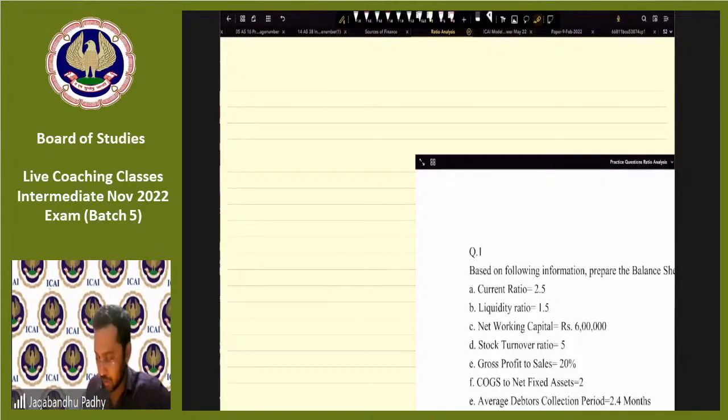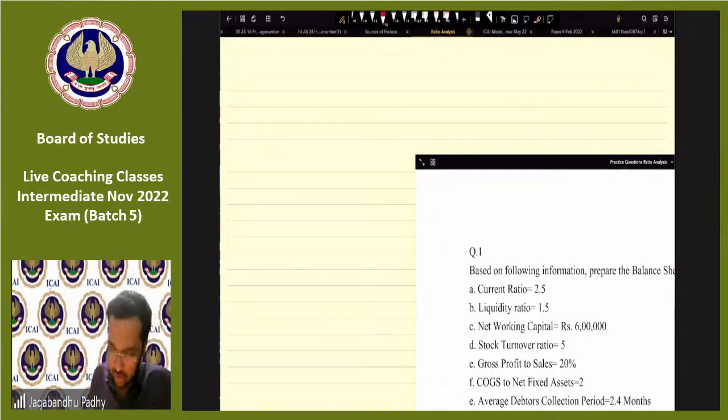These are the ratios given to us. We have to prepare the balance sheet, and the detailing has to be given as much as possible based on whatever figures we have. So let's begin with the very first ratio.